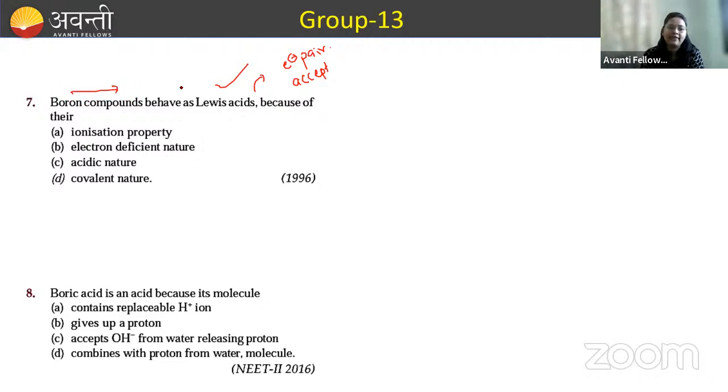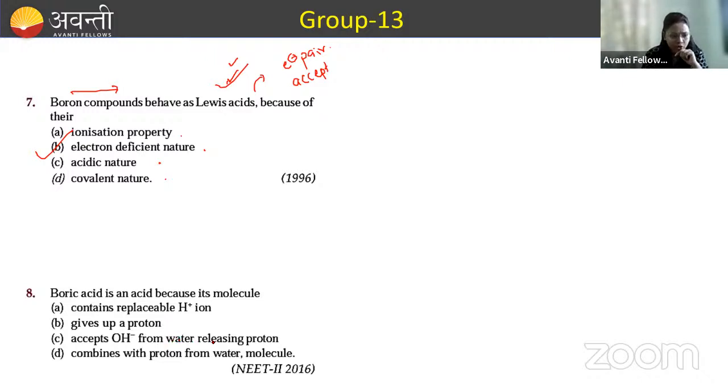Boron compounds are electron deficient in nature, and that's why they behave as a Lewis acid. The options: because of their ionization property, electron deficient nature, acidic nature, or covalent nature. So which one will be our answer? B. Lewis acids are electron pair acceptors. Those which are deficient will accept, right? Why would those which already have electrons accept more? So this is electron deficient in nature, and that's why it acts as a Lewis acid. Very good.